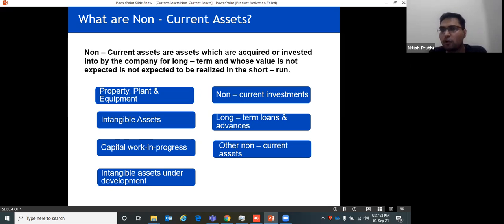So maybe you are doing some kind of research, right? Let's take a very common example related to recent times. You are aware that COVID came in 2019. When it came, everything came to a standstill.